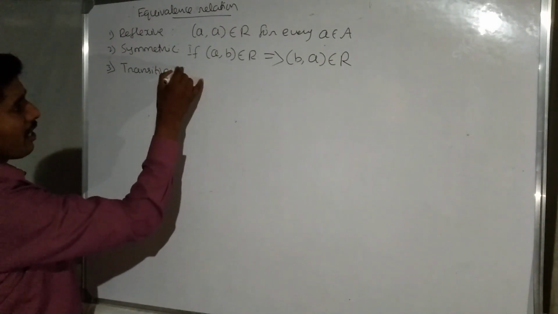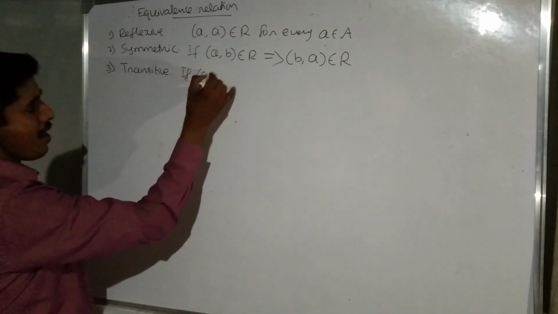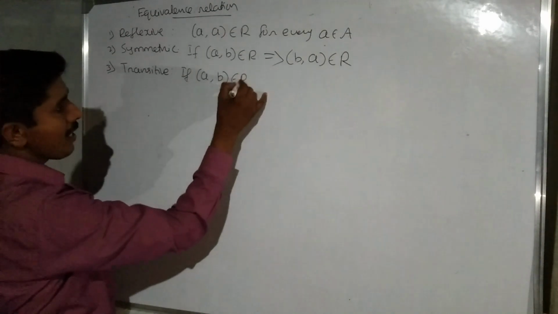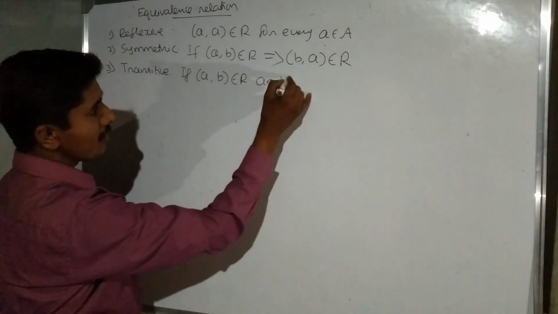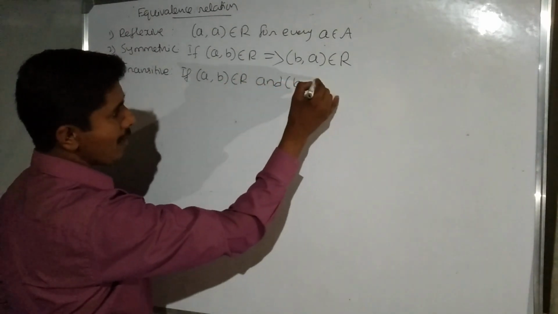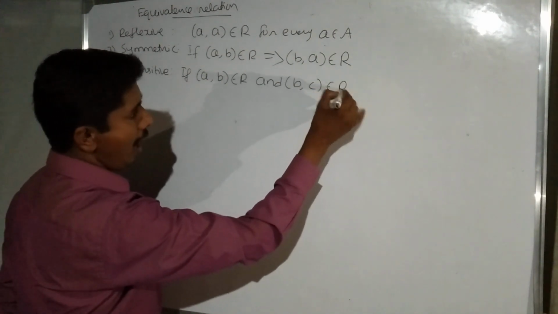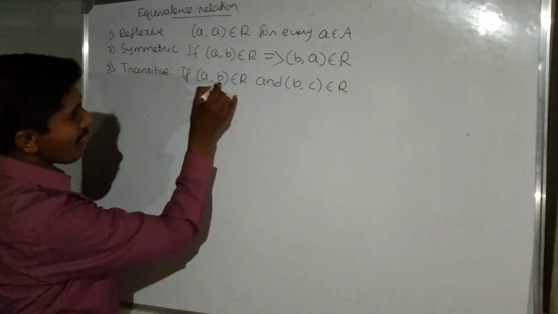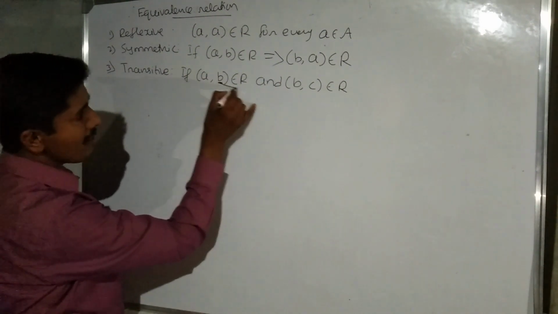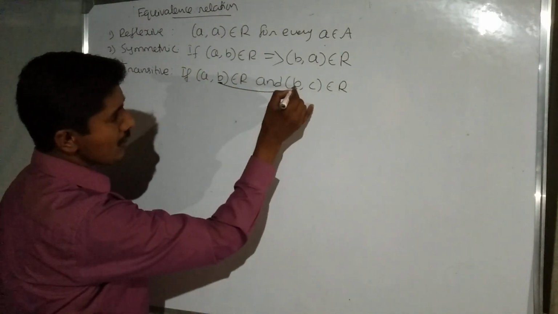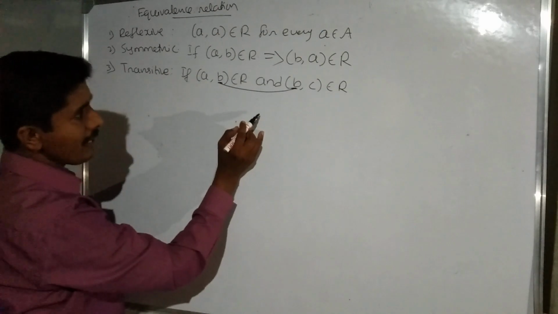Transitive means if A comma B belongs to R and B comma C belongs to R, second element of first ordered pair is equal to first element of second ordered pair.